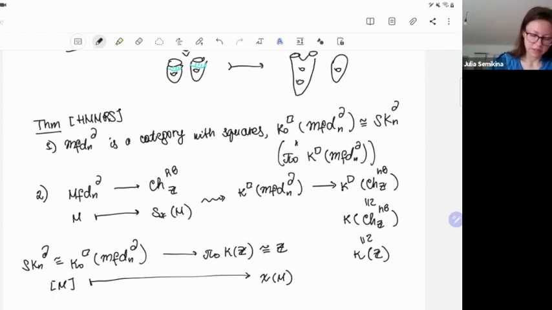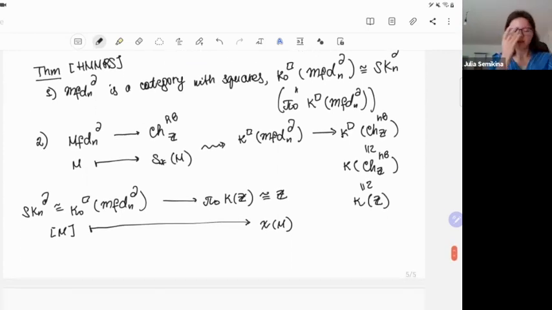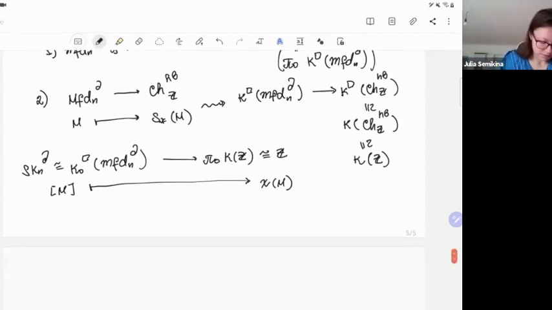And just one more minute to finish. So as I told you in the beginning, SKn invariants: Euler characteristic and signature. So work in progress is to lift the signature.